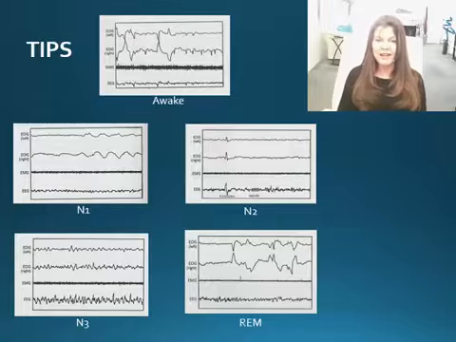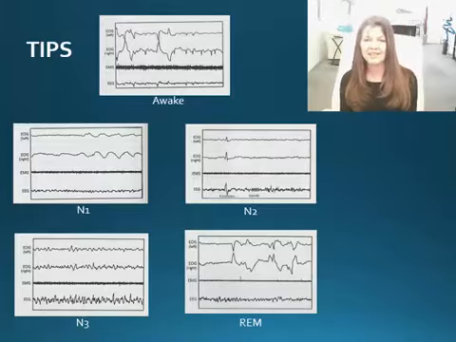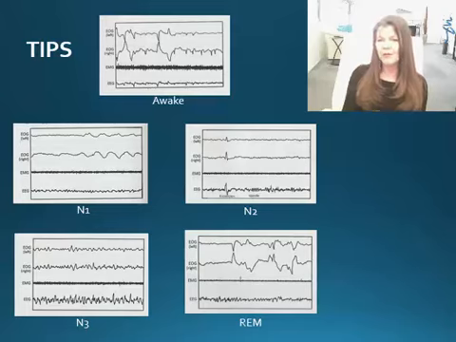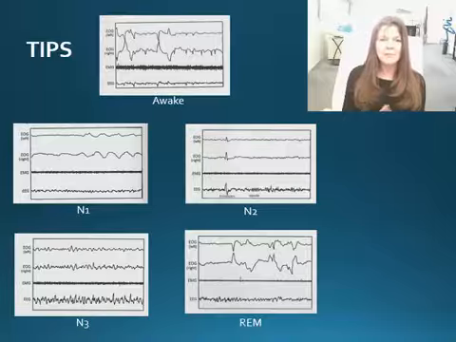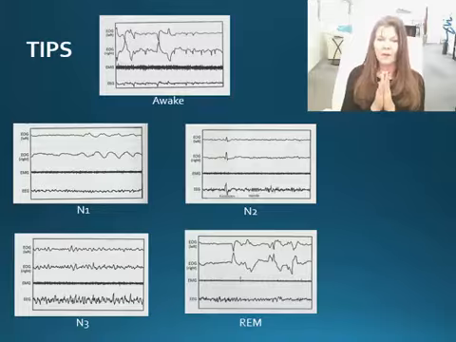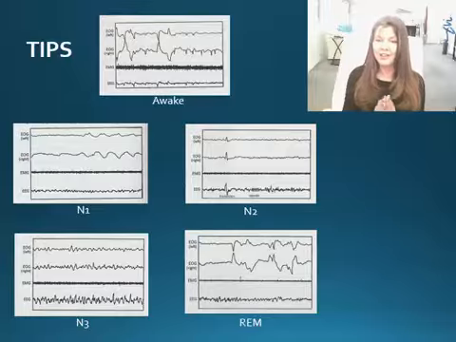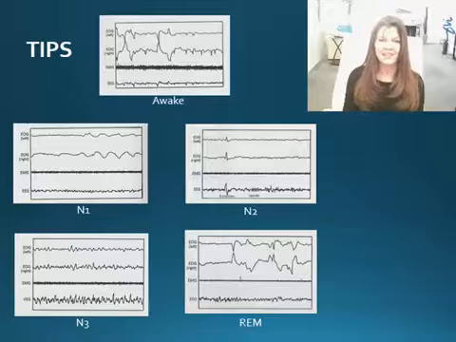The best way to identify N2 again are the appearances of sleep spindles and K complexes. So sleep spindles presumably also occur in N3, but they are not discernible on an EEG. So it's a great clue. When you can see them on an EEG, it's got to be N2.